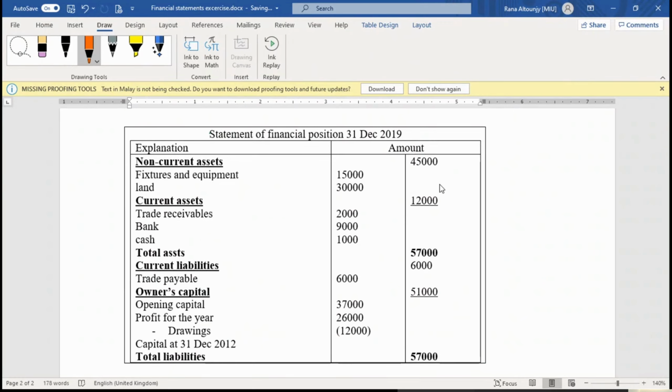This number should be equal to this number: total assets should be equal to total liabilities and owner's equity. And we all know it's very important. Because here we put the liabilities and the owner's equity. So this is the point.